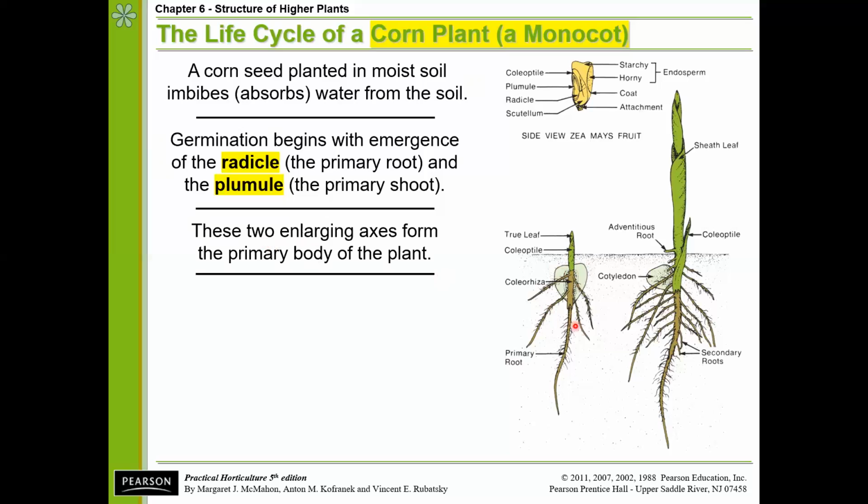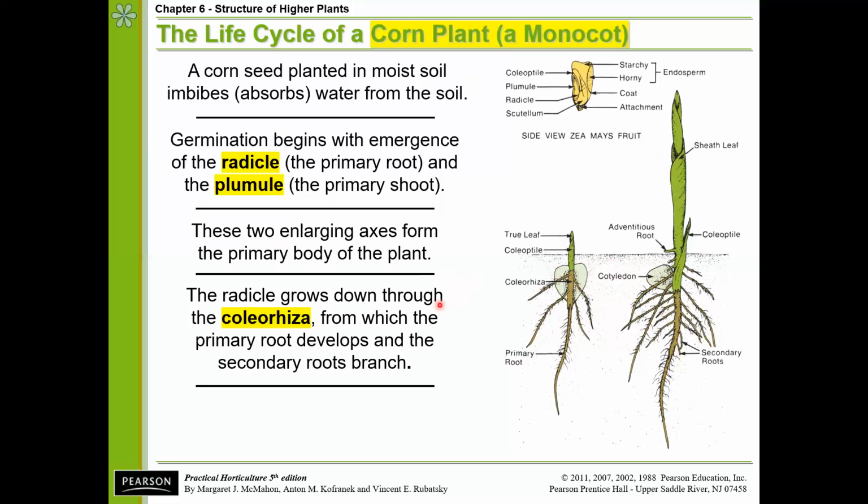And as they enlarge in both directions, they will develop different plant parts coming off of them. And those first primary plant parts don't play as important a role anymore.